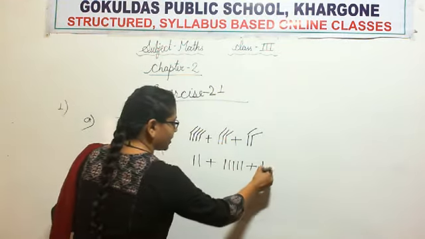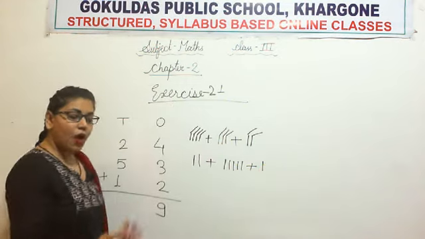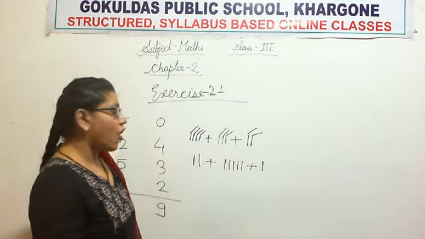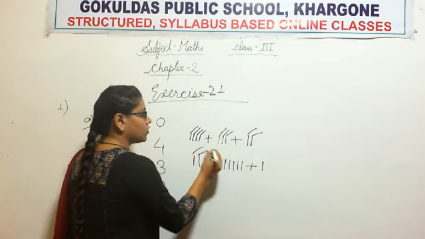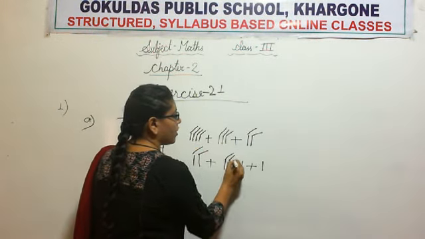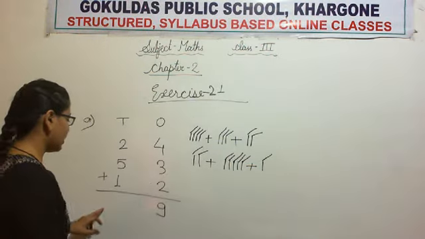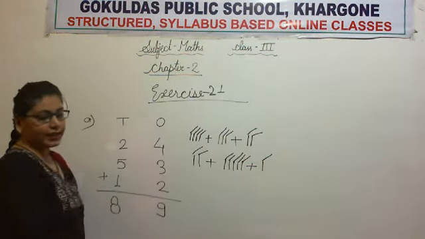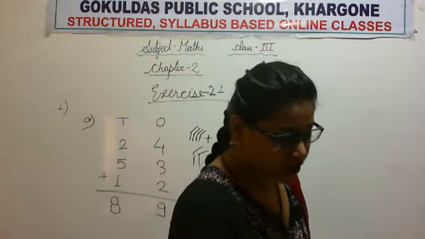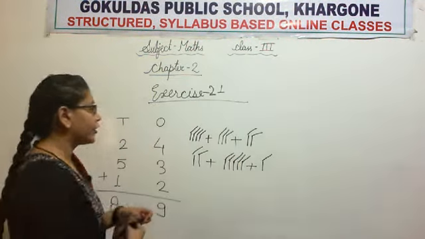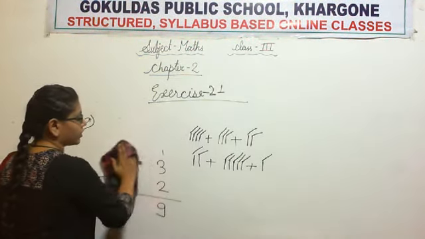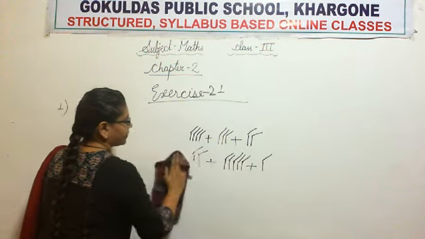So we will draw 1 stick. Let's count how many sticks in all. 1, 2, 3, 4, 5, 6, 7 and 8. So we will write number 8 here. So this is how we can solve all the questions or all the parts of question number 1.